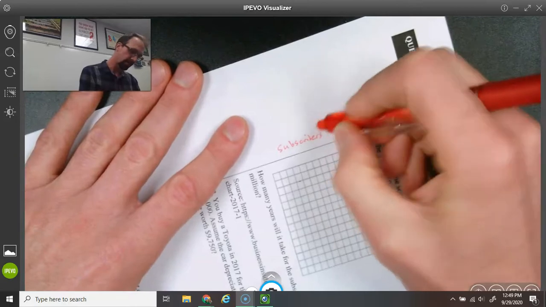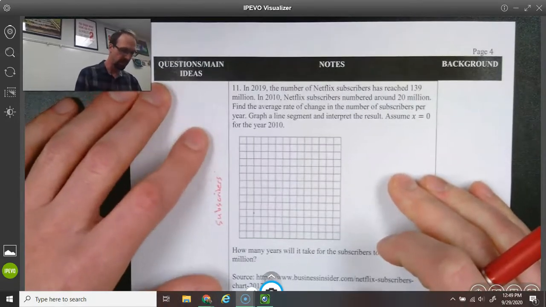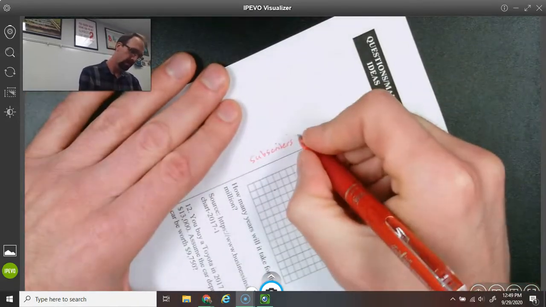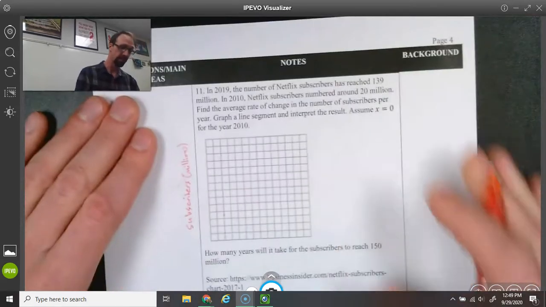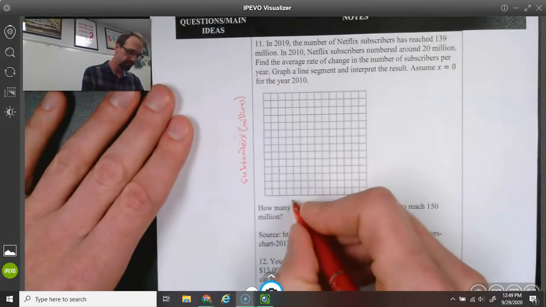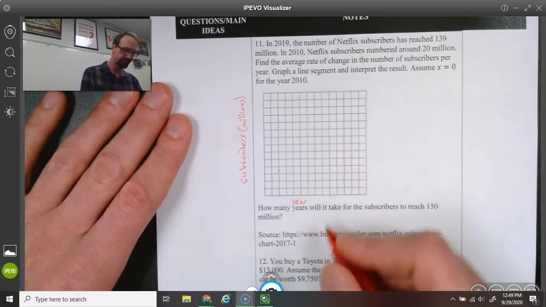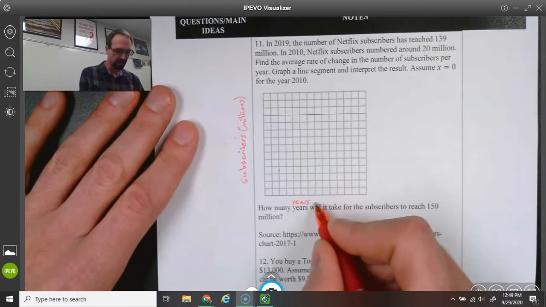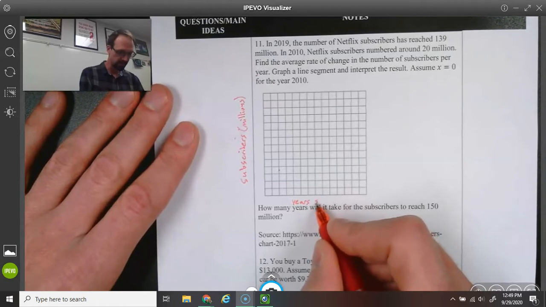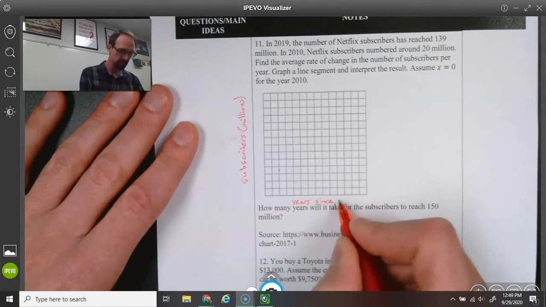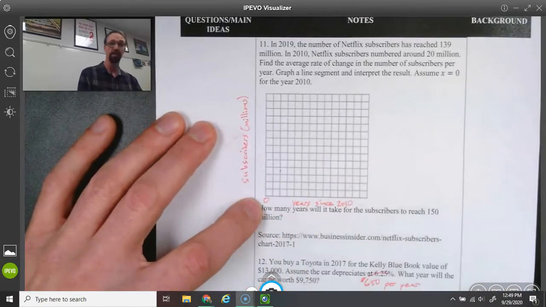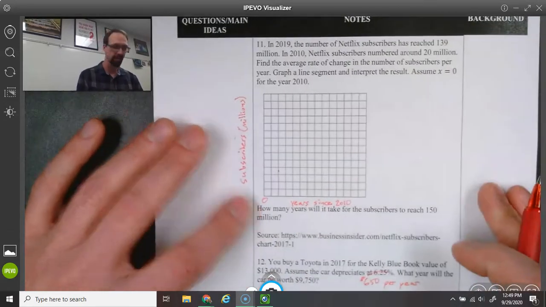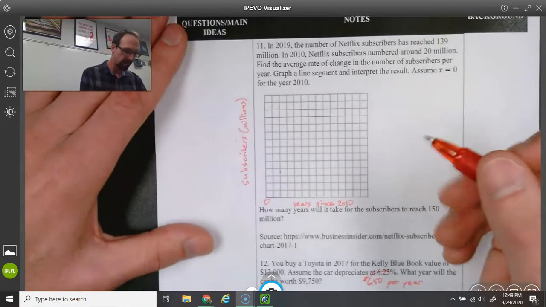These values are going to be, it looks like we're talking about millions, so this is subscribers in millions. And your x values are your year. I'm going to put years since 2010, because if I have 0 here, that means 0 years since 2010. That would be 2010.